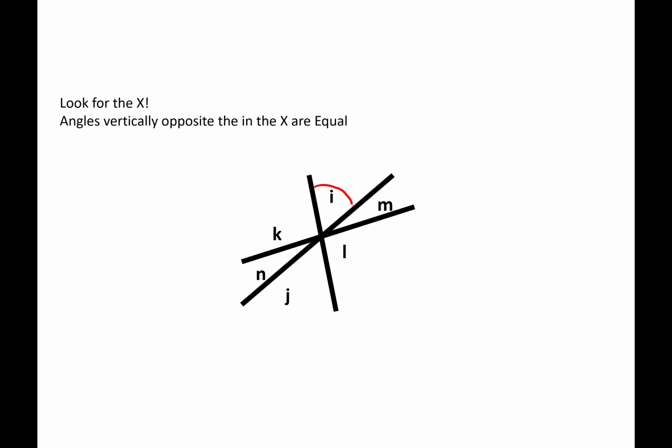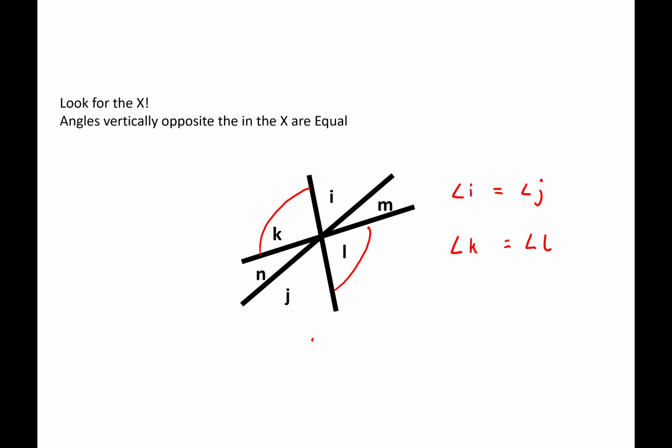So we can see here that in this X, where I have I and J, angle I is opposite angle J. Therefore, angle I is equal to angle J. What other angles are opposite? Well, here we can see that angle K is opposite angle L. Therefore, angle K is equal to angle L as they are vertically opposite.